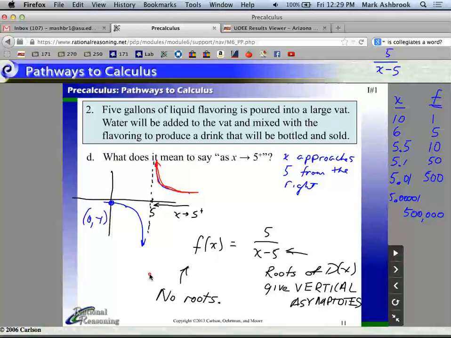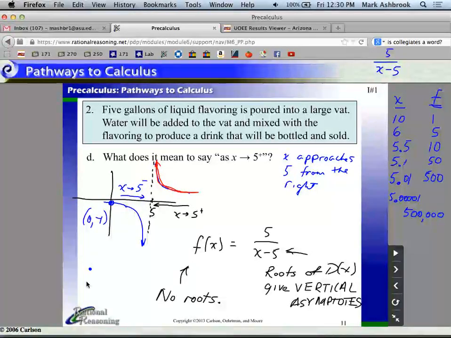Why does 5 have a plus? The plus is from the right. I think you're talking about this right here? Yeah. If we were to take values of x getting closer to 5 from the left, it would be x approaches 5 from the left.